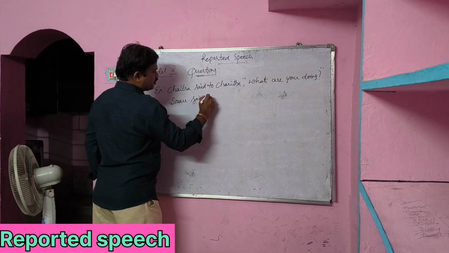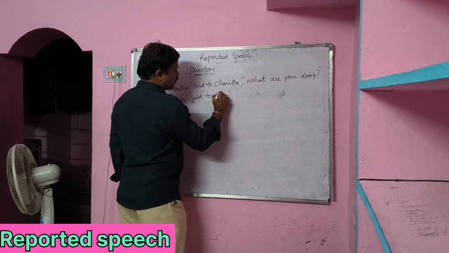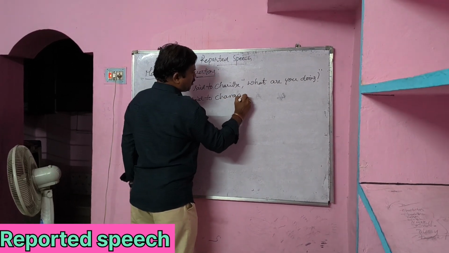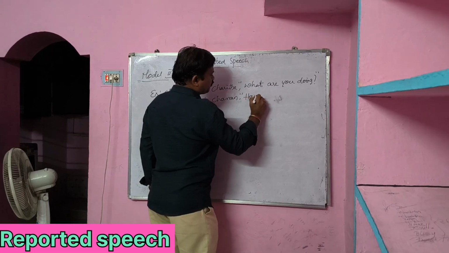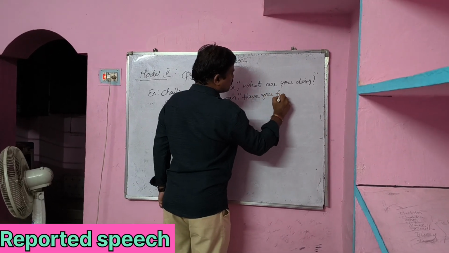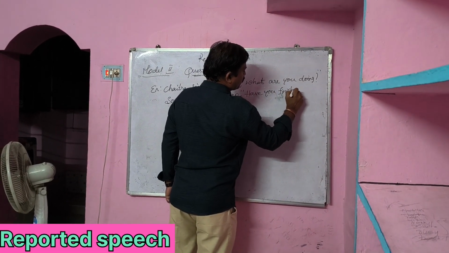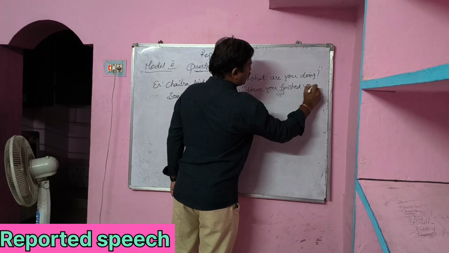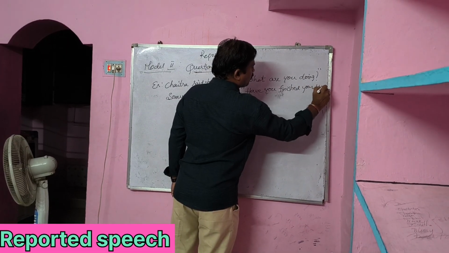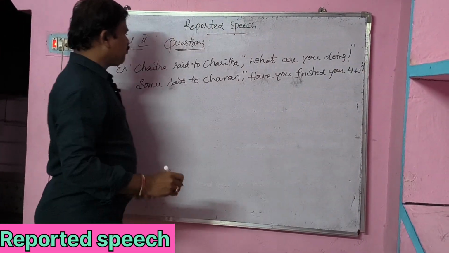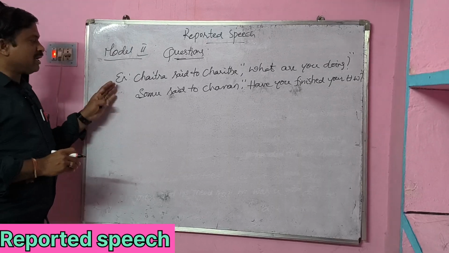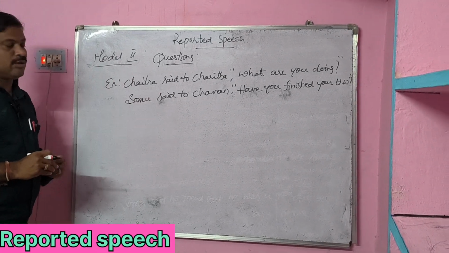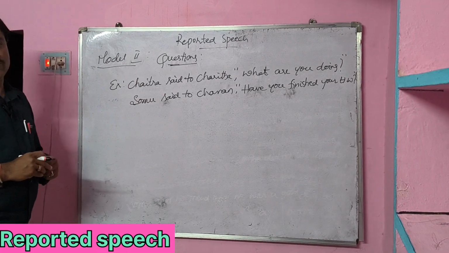Somu said to Charan, have you finished your homework? If you observe here, we have two types of questions. One is the WH question and the second one is the helping verb question.